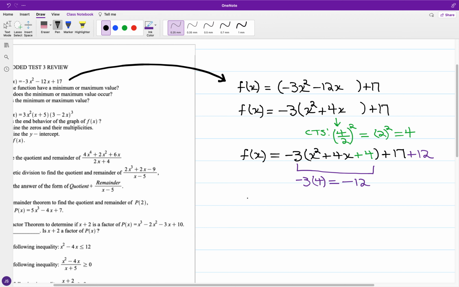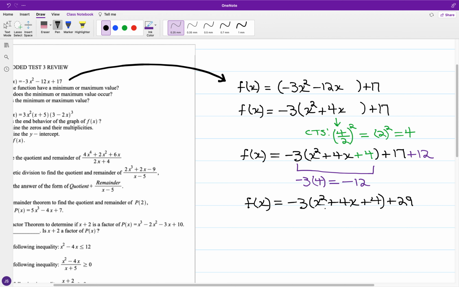So for what I'm going to have here, f of x is equal to negative 3 times the quantity of x squared plus 4x plus 4, and then followed by 17 plus 12, which is 29.